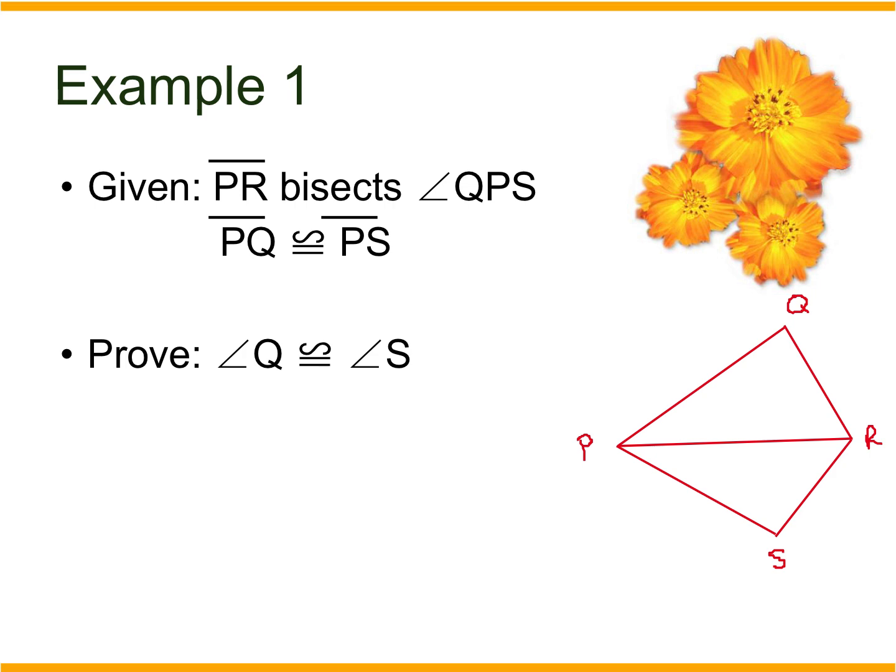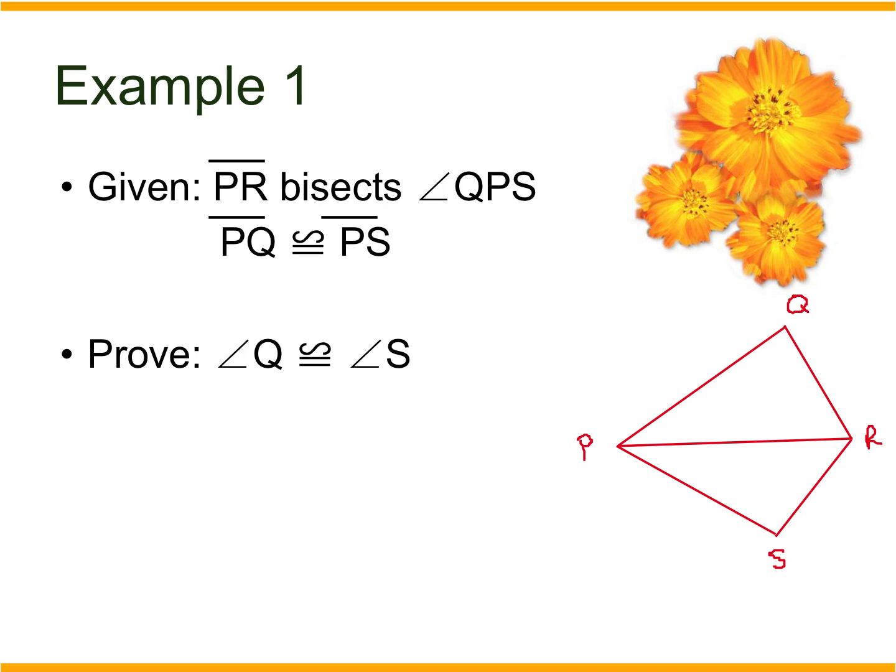So it says, given PR bisects angle QPS, and PQ is congruent to PS, they want us to prove that angle Q is congruent to angle S. So we're going to first draw what they gave us. How would I represent that PR bisects QPS?